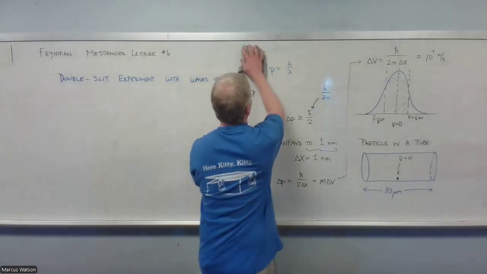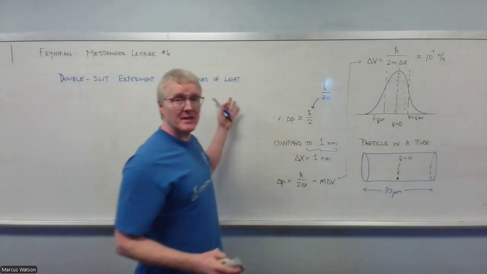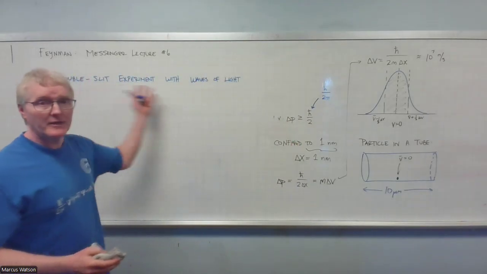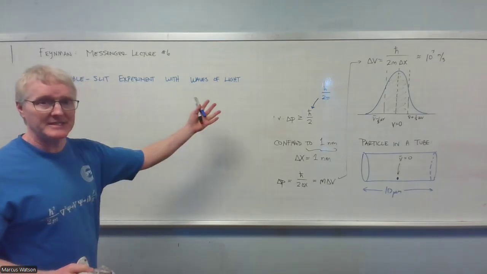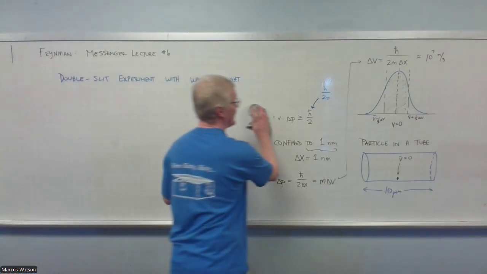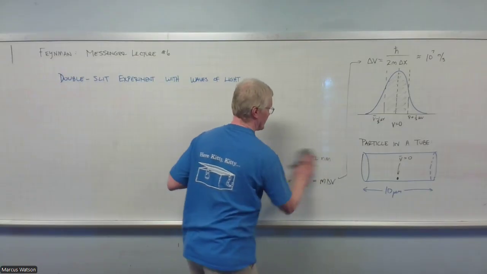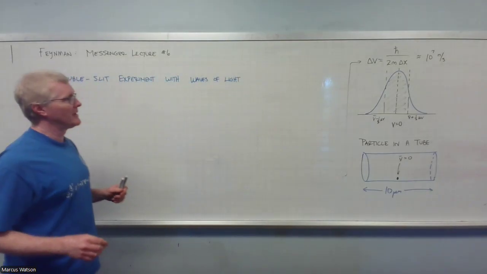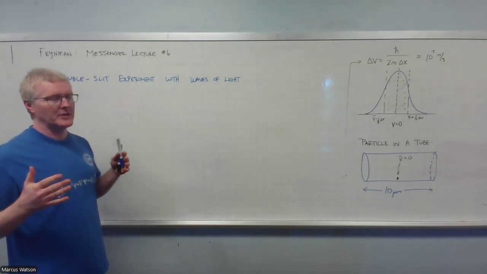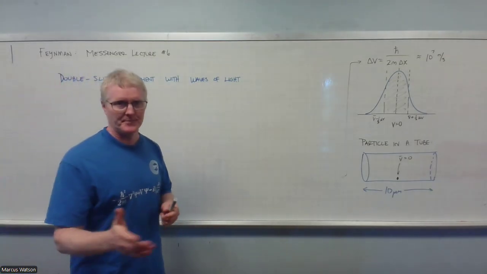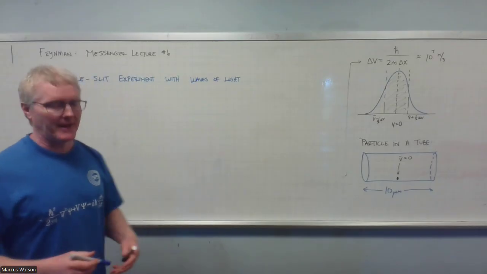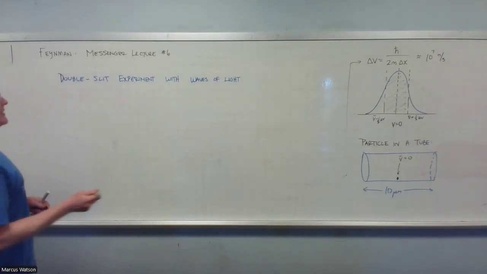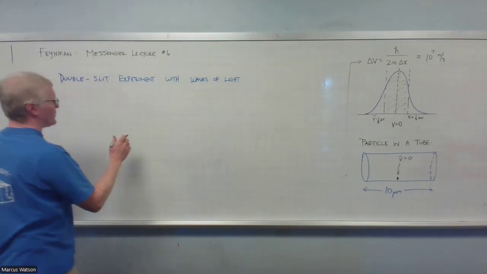So we know what we're going to get, in the sense that we've done a lot of analysis on this exact procedure. What I'd like to do is use that experience to introduce another way of looking at it. And then we'll go a little bit further with that. The double slit experiment with waves of light.